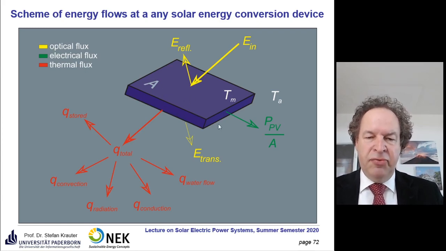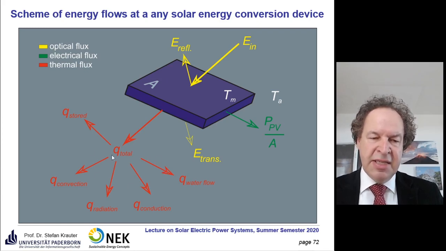And in photovoltaics, which we discuss next lecture, this is the green energy flow, this is the electric output. In general, what we discussed today is the thermal flow, so small q we use for that. We can either store that energy or we can take it away. We have water flow, or in general the lower ones are losses.